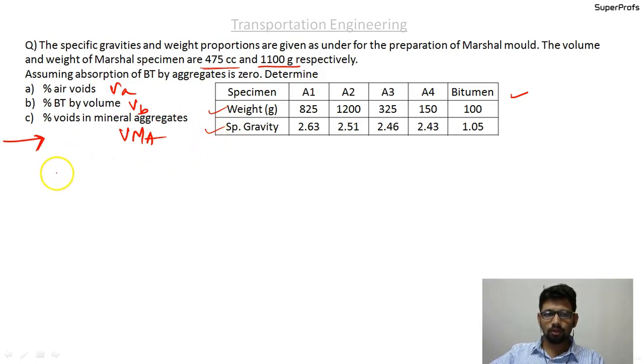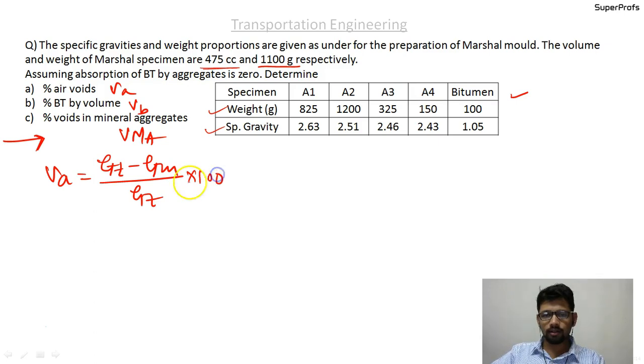So we know that VA is equal to GT minus GM upon GT into 100. But currently we don't have GM value as well as GT value is not given. So first we will calculate the GT value.